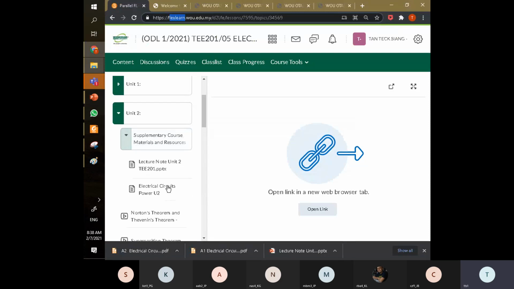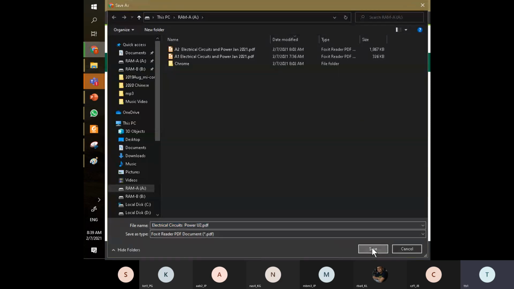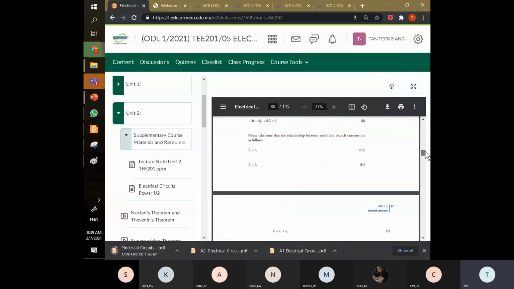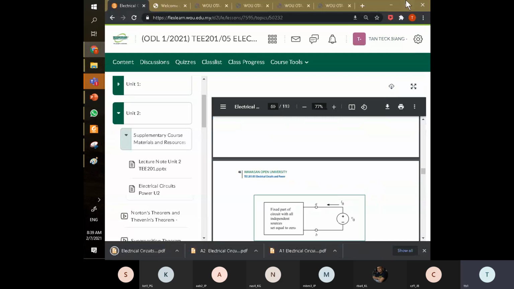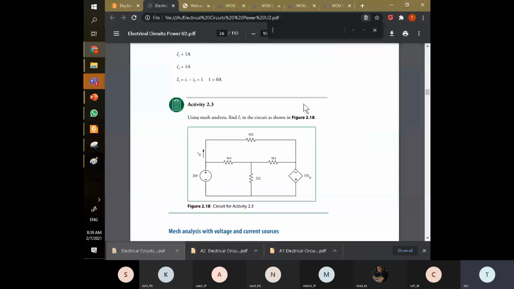We have two main lecture notes: one is the PowerPoint, one is the PDF file. The more complete version should be the PDF file. So you need to download this file to your PC, and then take some time to go through all these notes. The notes will explain the superposition in detail.